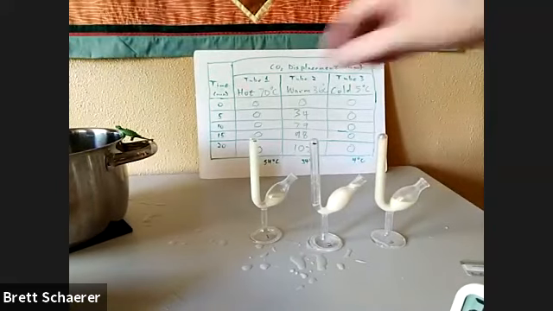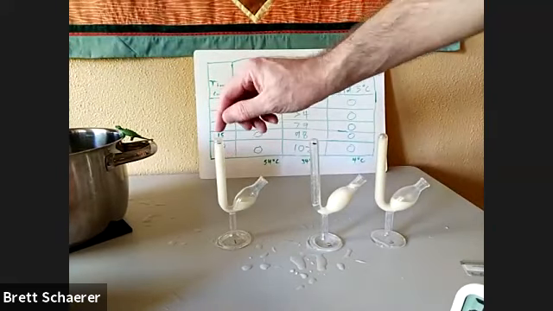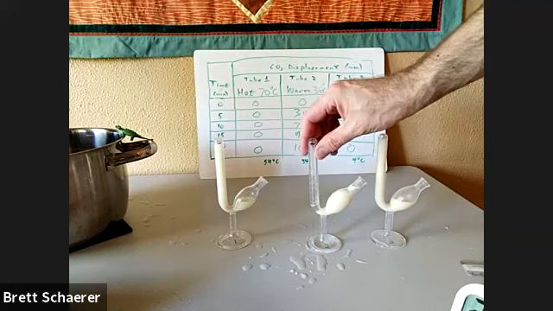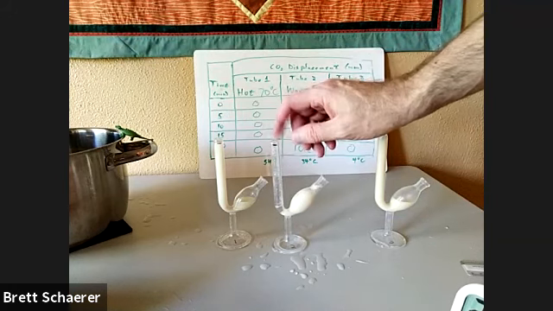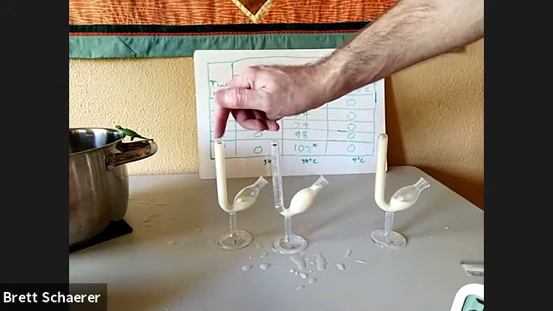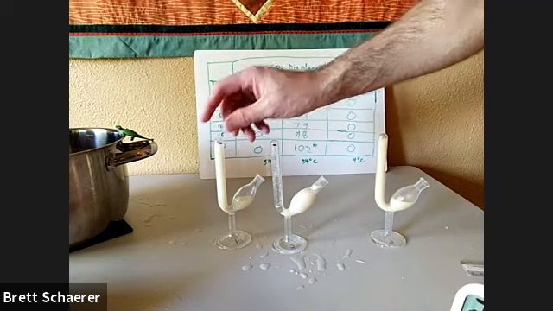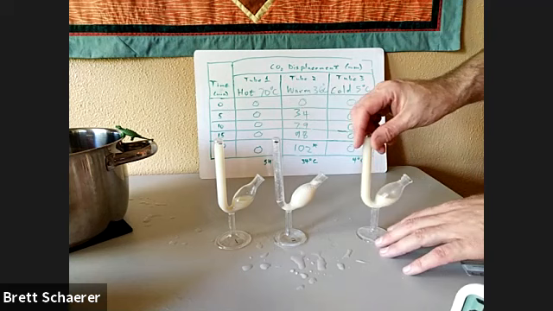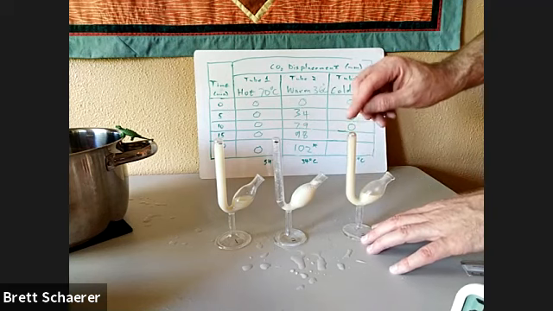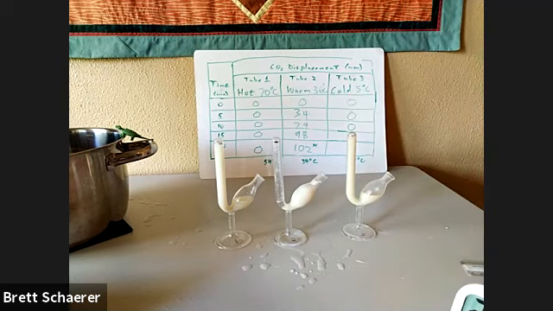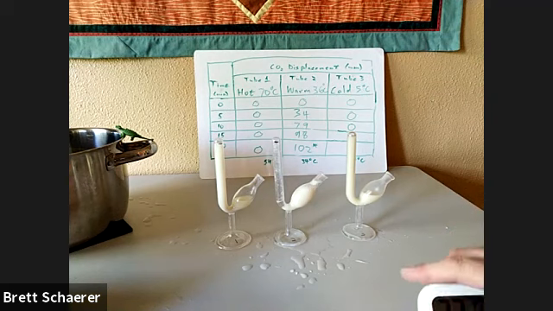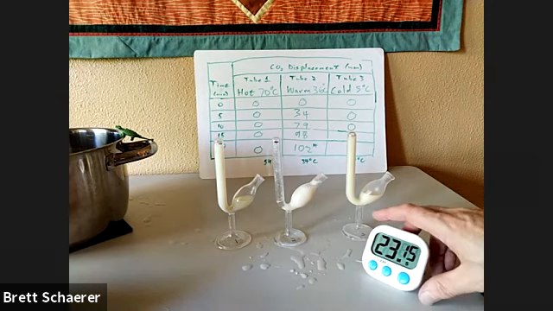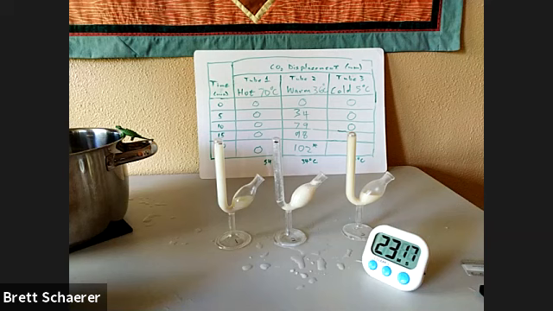So we have the hot tube here, tube 1, then the warm tube, tube 2, and the cold tube, tube 3. And I'm just going to let them sit for a good 15 or 20 minutes more here, and we'll see what they look like.